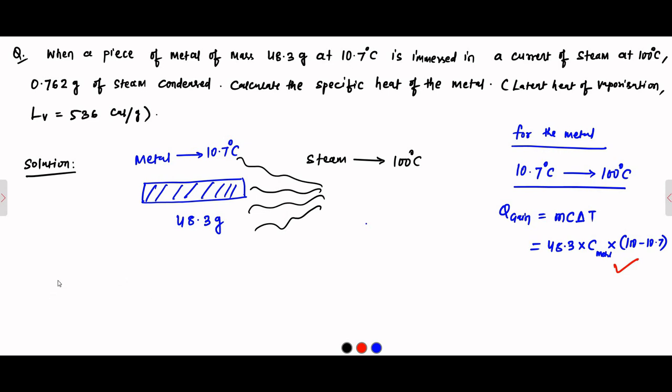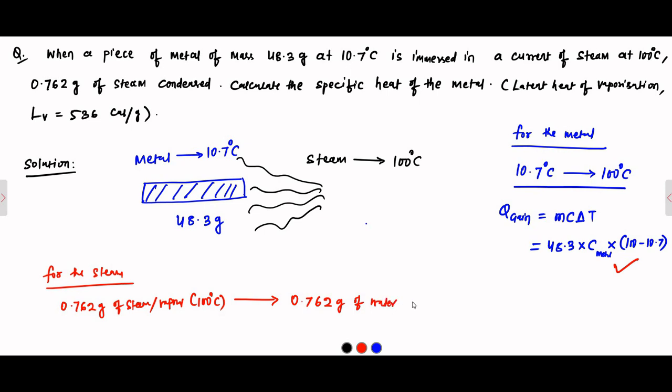That is, for the steam, 0.762 grams of steam or vapor, which is at a temperature of 100 degrees Celsius, got converted into 0.762 grams of water, that is in liquid state, at 100 degrees Celsius.